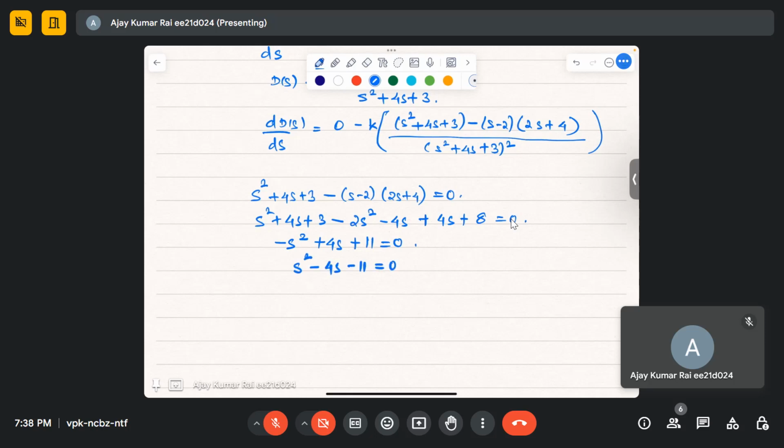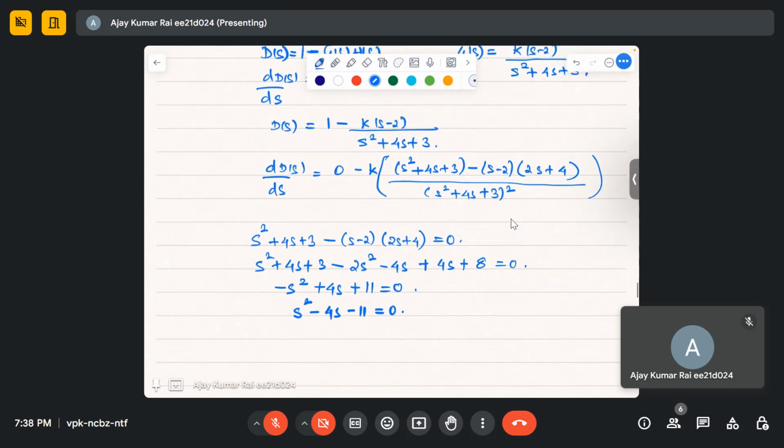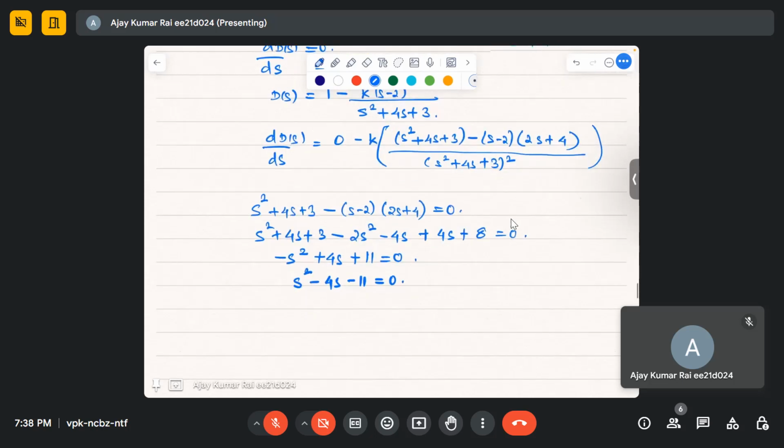Please check. Try to find the roots for this, s1 and s2. Correspondingly you'll find k1 and k2, and we'll see.